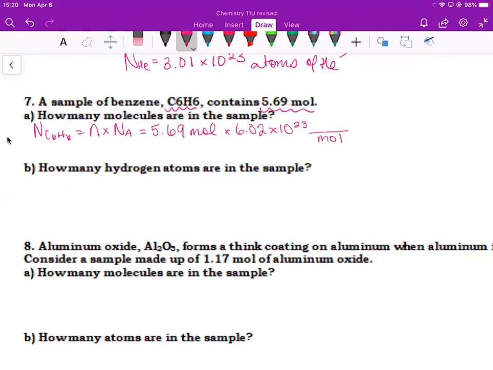What is our unit on the top in this case? Because we have been given a number dealing with molecules, Avogadro's constant is molecules per mole. Let's do that in our calculator, and I get 3.5278 times 10 to the 24.